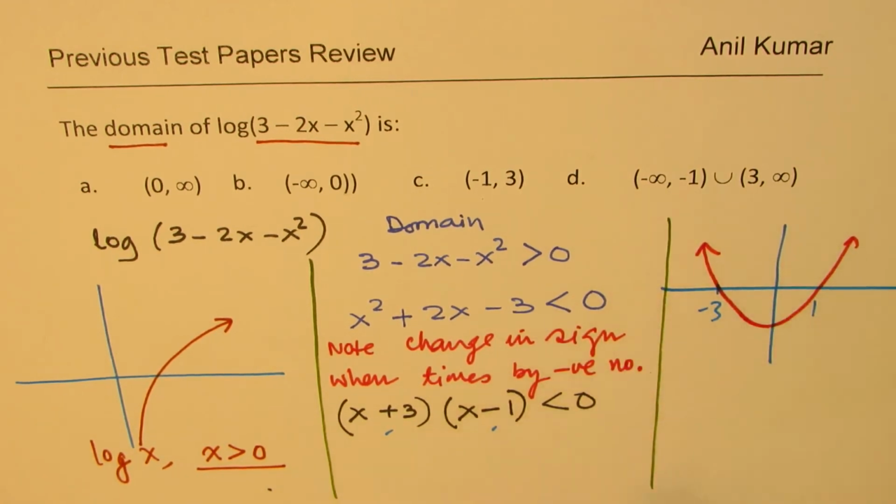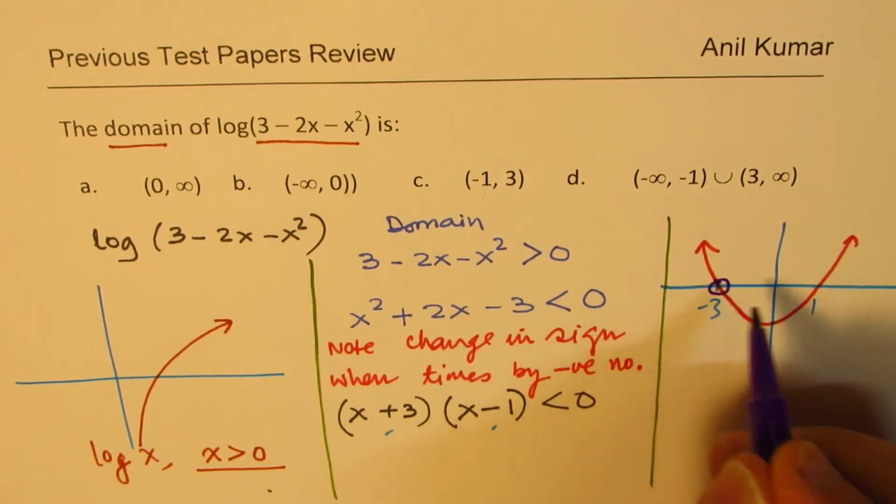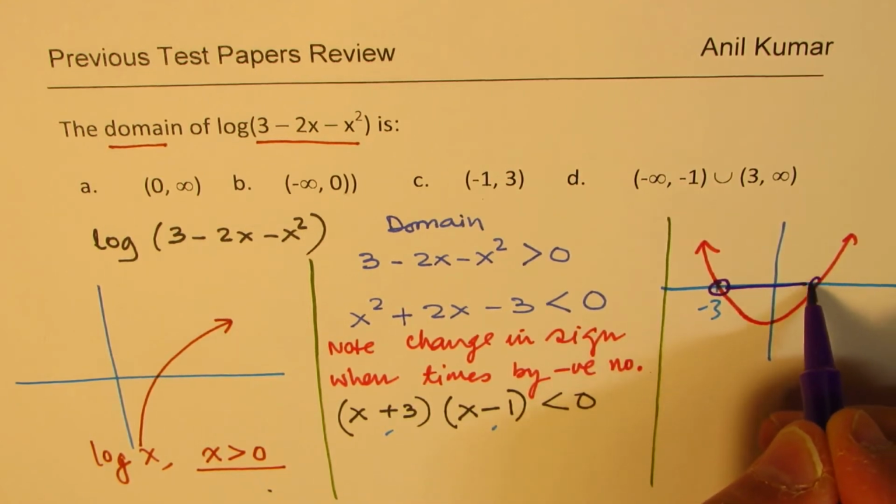Okay. So that gives you the parabola. We are looking for a solution which is negative, that is to say, which is within these two limits, right?